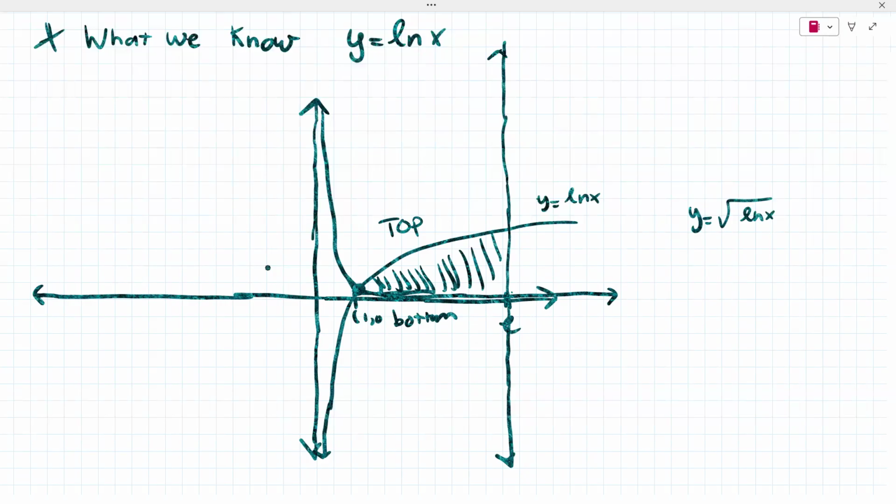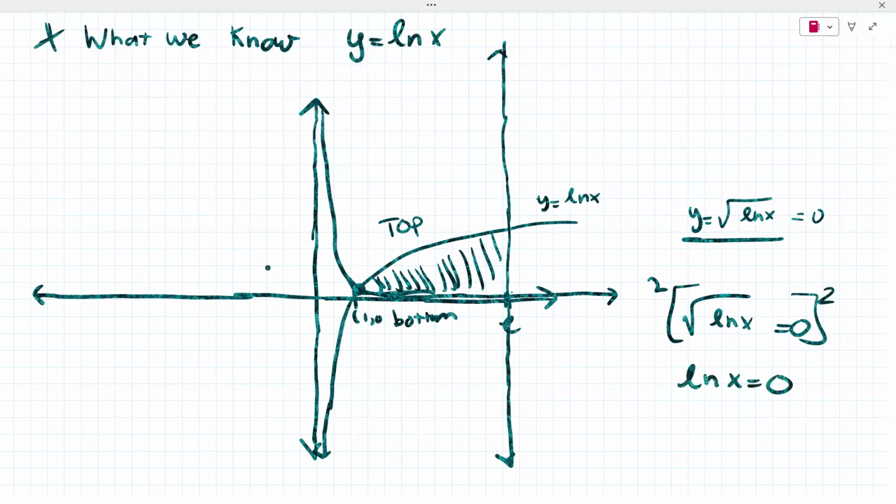Then to solve for x, you square both sides. So this cancels, and you're left with ln of x equals 0. And then how do you solve for x? Well, there's an ln, so you can take e to both sides. So this cancels, you're left with x, and e to the 0 is 1. Okay, so this point here is 1.